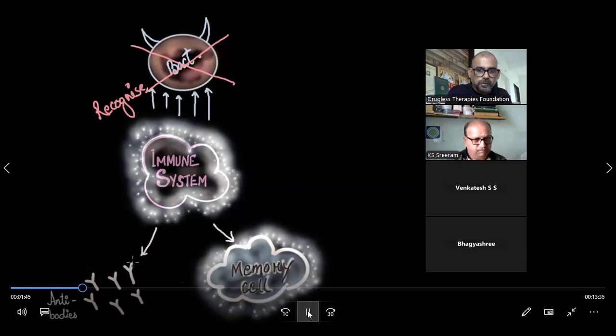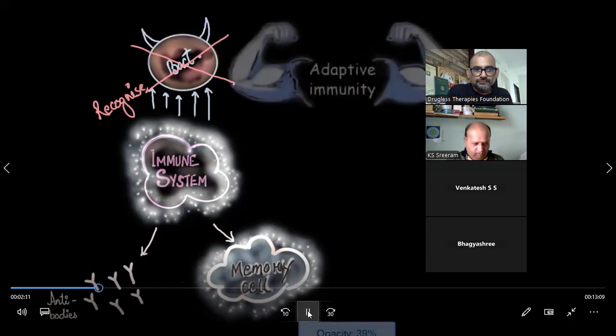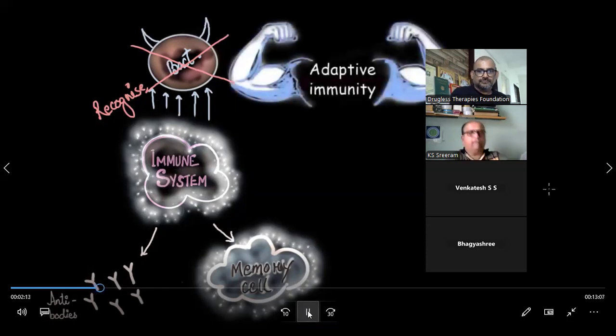So our immune system is not born with the knowledge of this foreign invader, this bacteria. But during our lifetime, as our immune system comes in contact with new foreign invaders like bacteria and viruses, it adapts itself to produce immunity towards those foreign invaders. And therefore, this type of immunity is called adaptive immunity.